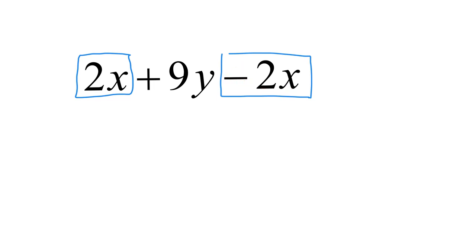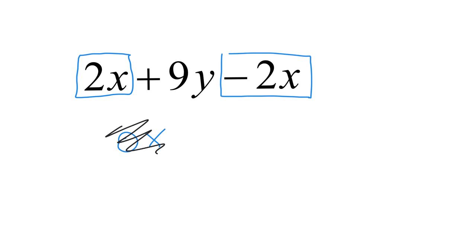So when you combine 2x minus 2x, or 2 minus 2, that's going to equal 0x. Now guys, when you have 0 amount, it's nothing. So actually, we don't need to put 0x. Let me just cross that one out so you know that we don't use that 0x. You don't have to write it down.